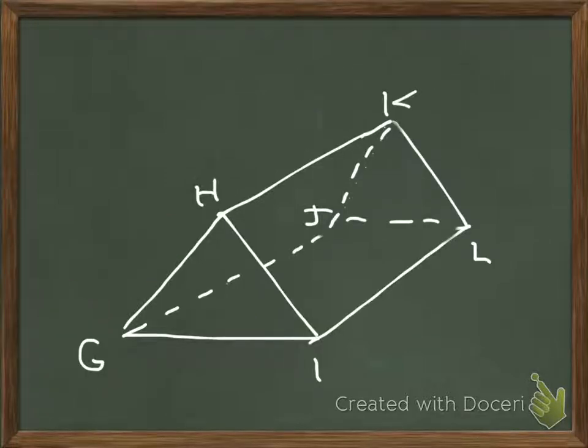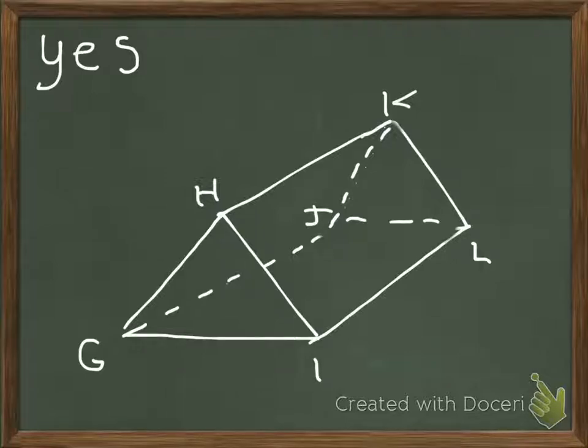And the next one, we're looking at what type of bases it has. It doesn't have any curved edges. It does have bases, faces, edges, vertices, all of those things. So we just need to figure out, it is a polyhedron, but we need to figure out what type of polyhedron, whether it's a prism or a pyramid.